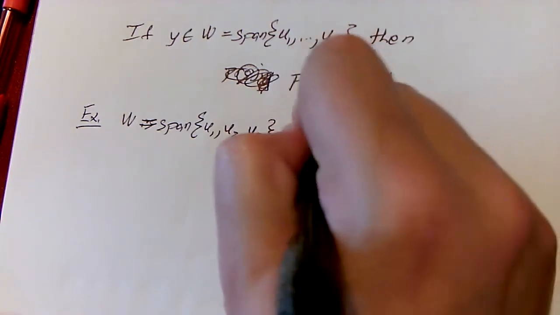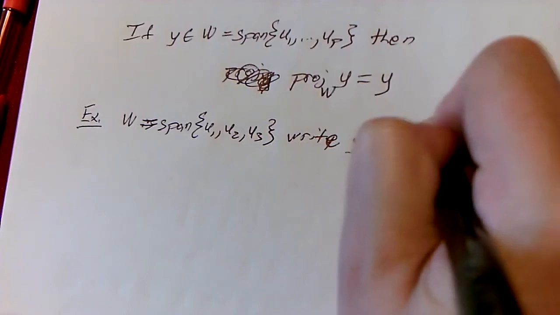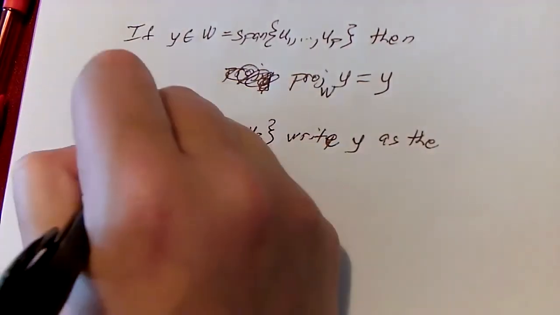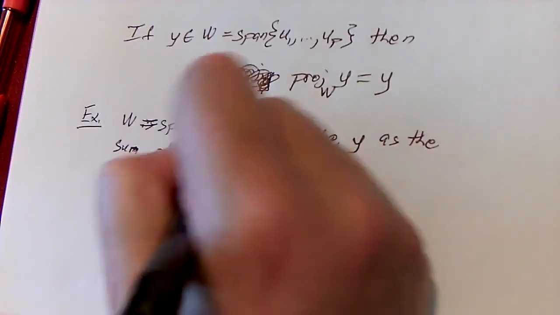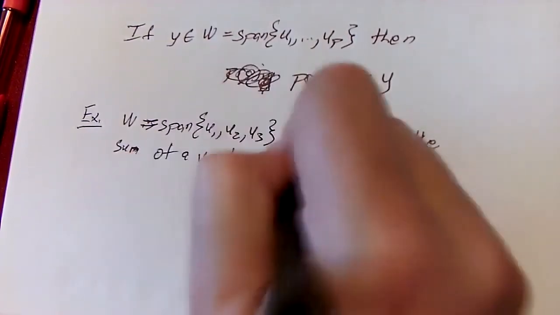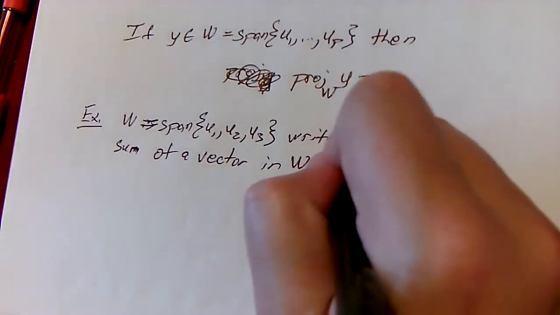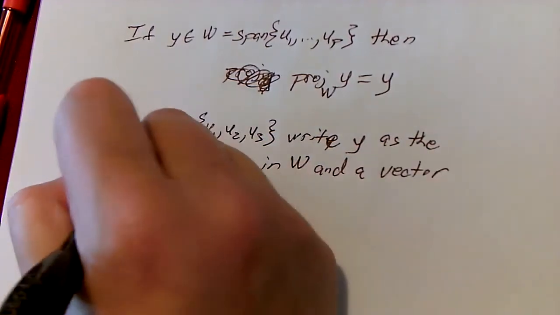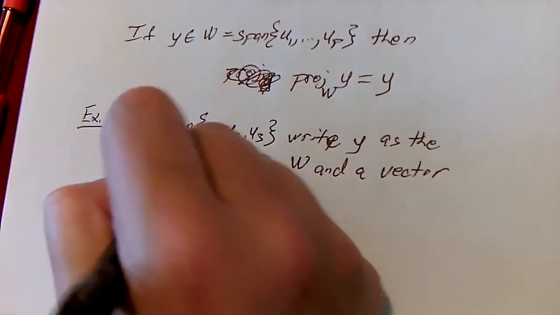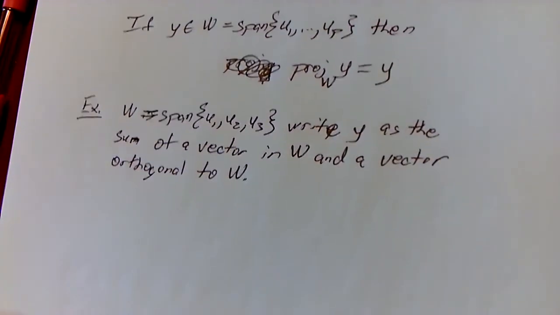And we want to write y as the sum of a vector in W and a vector orthogonal to W. Okay.